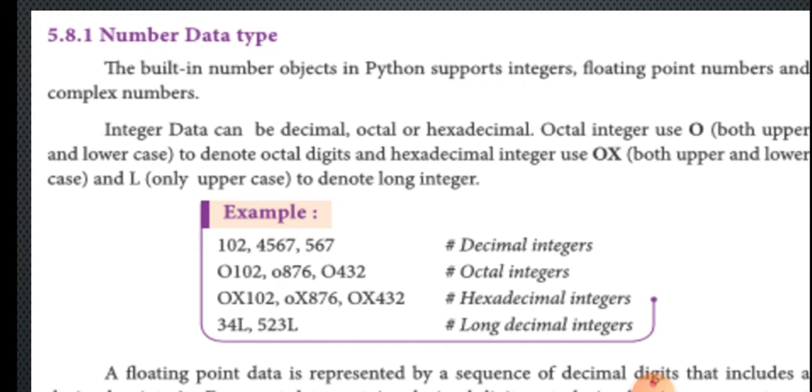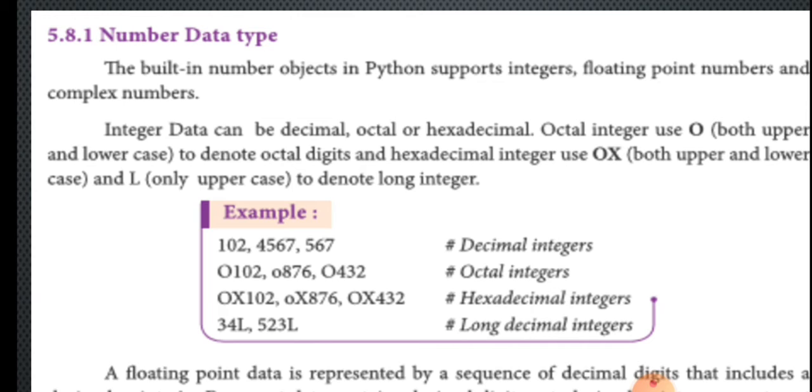We can use either uppercase 0X or lowercase 0x to identify hexadecimal integer values. And L, uppercase L: we use only the capital letter L to denote the long integer. This long integer data type is available in Python 2 only. Now we are using Python 3, so there is no need to use this L to identify long integers.